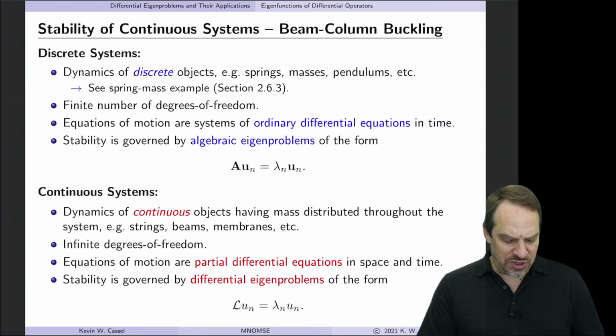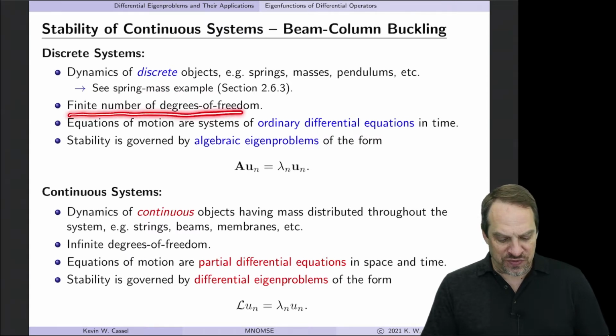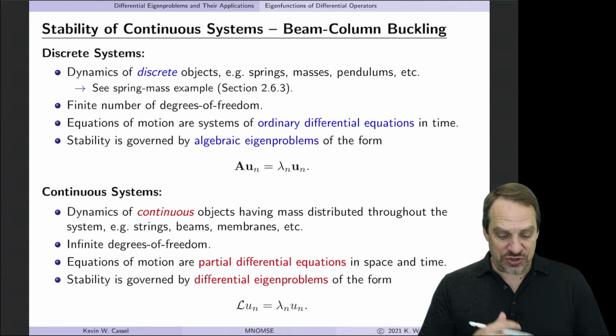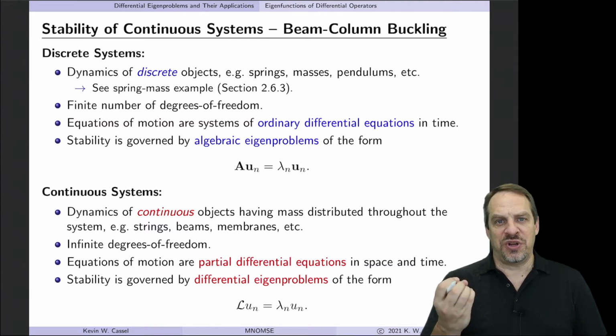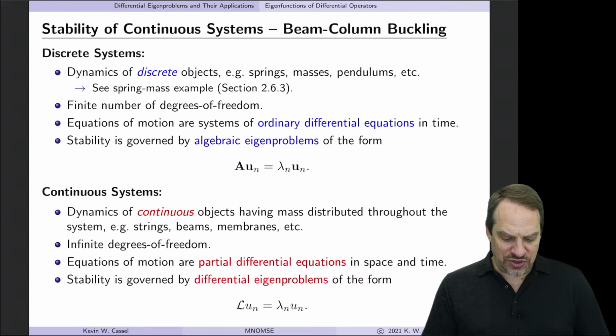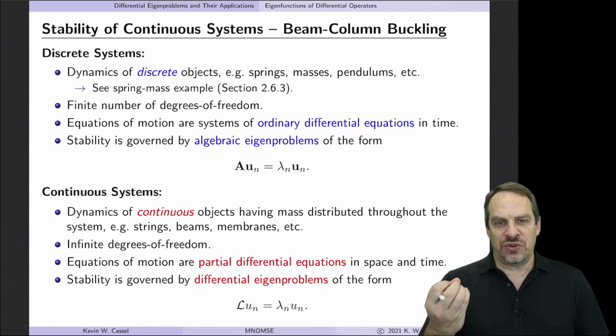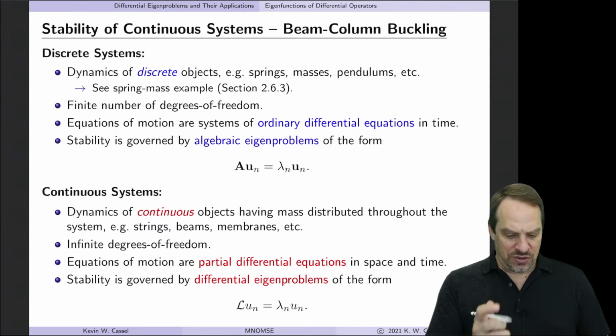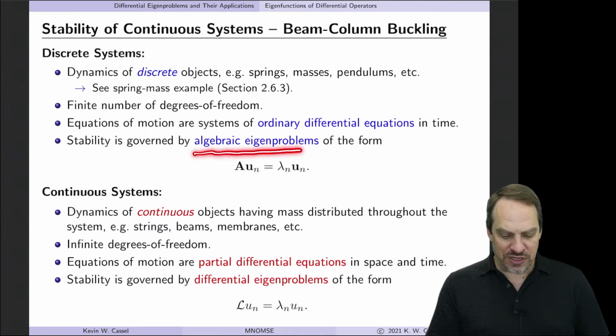Such systems are governed by a finite number of degrees of freedom, which is the minimum number of dependent variables required to fix or specify the state of the system. The equations of motion are ODEs that evolve in time. And when you ask the physical question, is that system stable, the mathematical answer arises in the form of an algebraic eigenproblem, which we dealt with in Chapter 2.